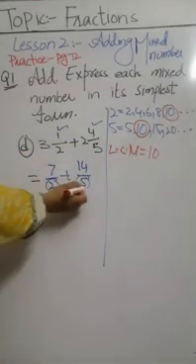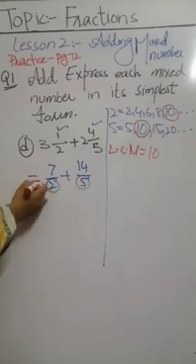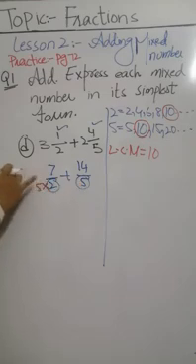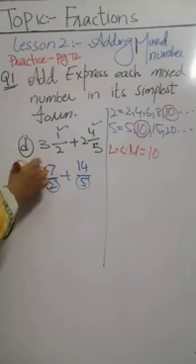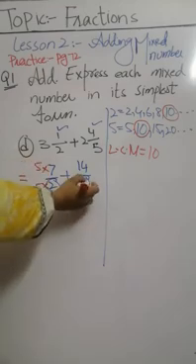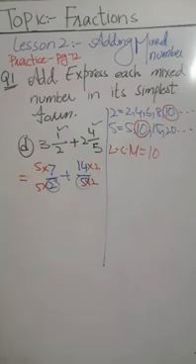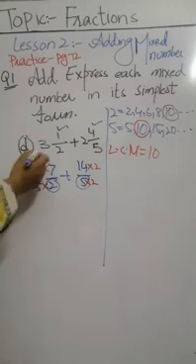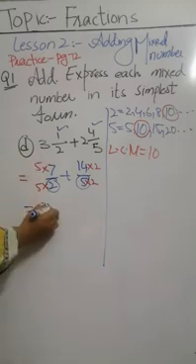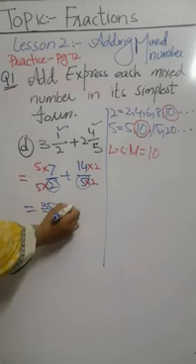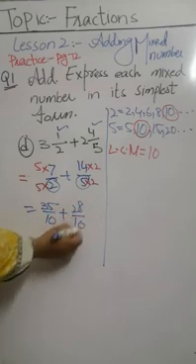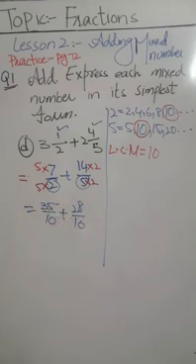Now we make both denominators 10. 2 multiplied by 5, and 7 also multiplied by 5. 5 multiplied by 2, its numerator also multiplied by 2. 7 fives are 35 by 10 plus 28 by 10. Now we have both denominators the same.